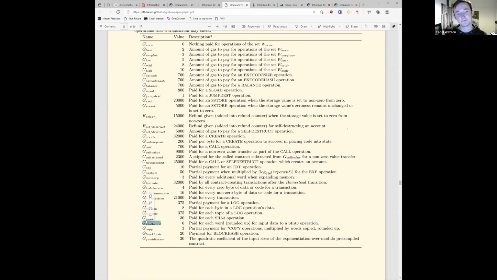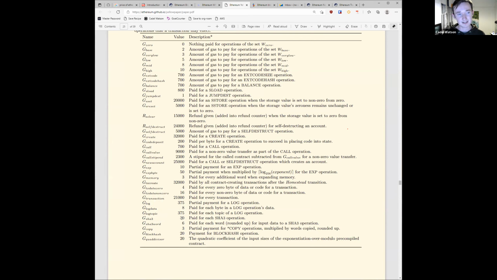Okay, SHA-3. So remember we were talking last week about hash functions, right? The hash function that takes in any input and results in a smaller output that then can't go back the other way. Well, the Ethereum virtual machine has an instruction that can do that hash. And to do that, it costs you 30 gas. So just making one hash might cost 0.001 cents.